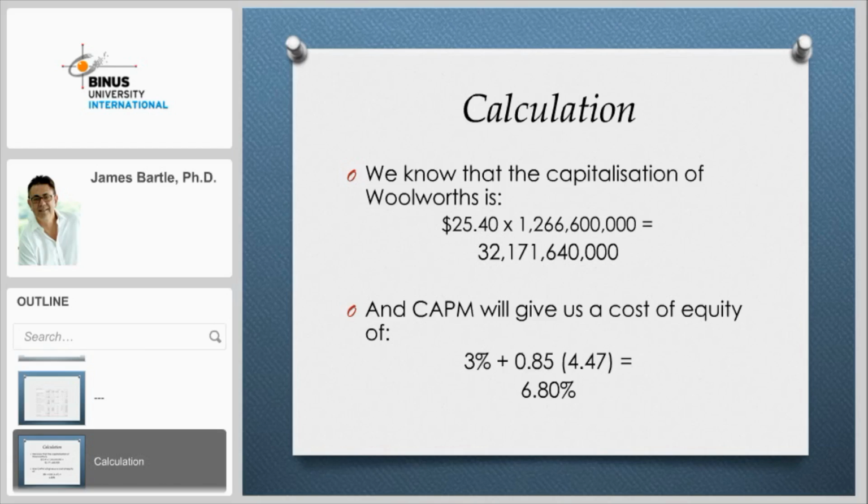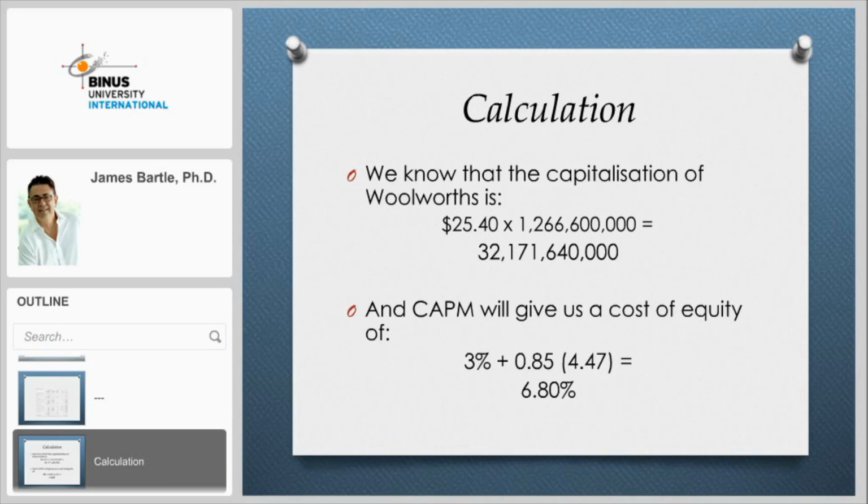So I have got from the Reserve Bank of Australia, which is the central bank in Australia, very similar to Bank Indonesia, their 10-year bond as of today. You'll notice that I emphasize as of today because that's when we're doing the calculation. So the risk-free rate today is 3%. As I told you before, the beta is 0.85. That's the beta for Woolworths. Now, the amount in the brackets is the return from the market minus the risk-free rate.